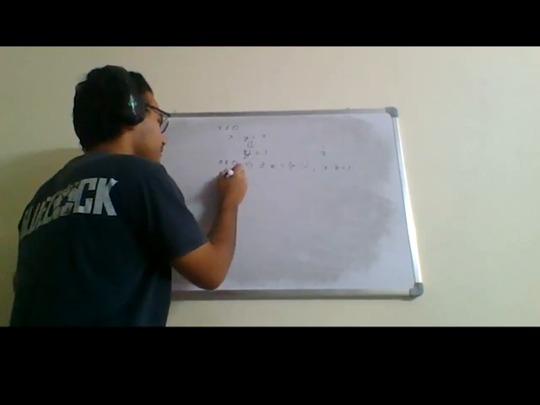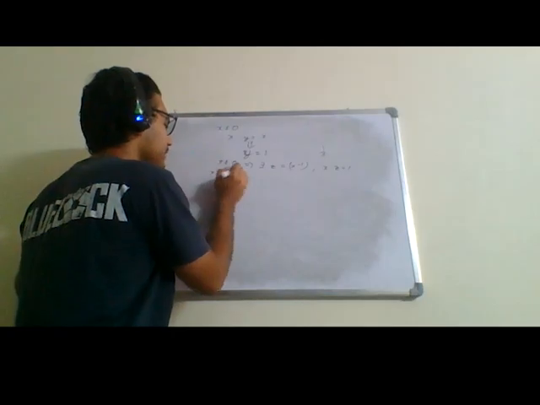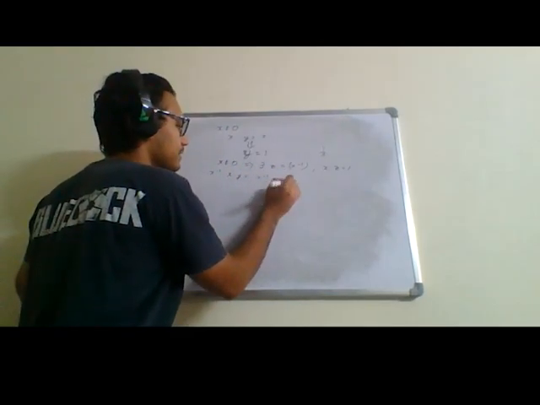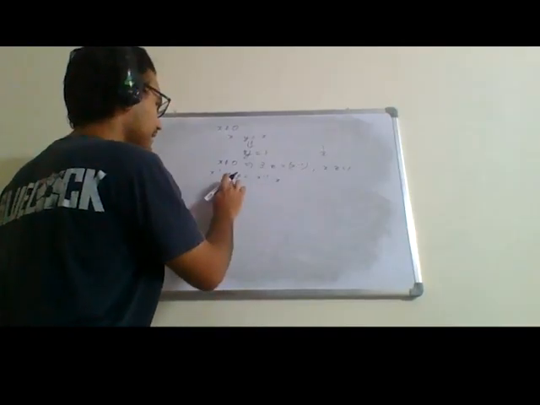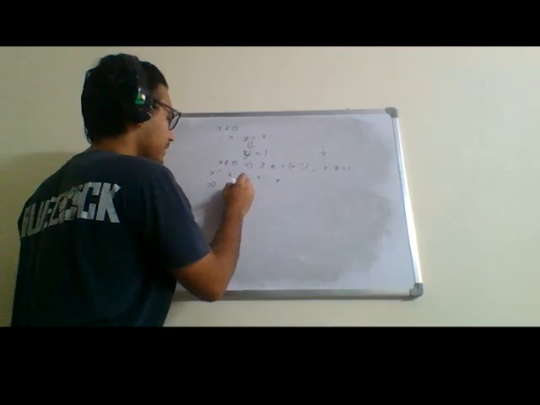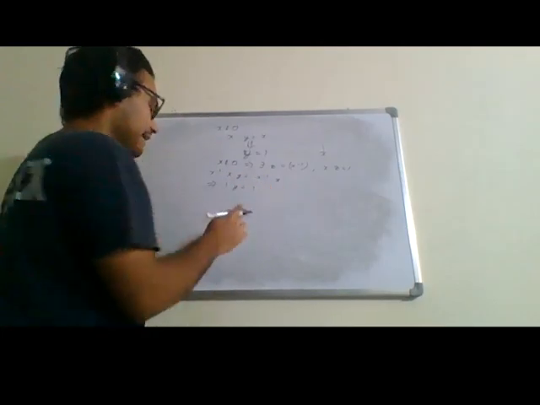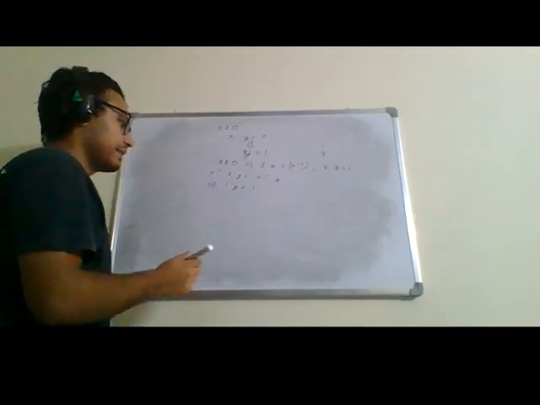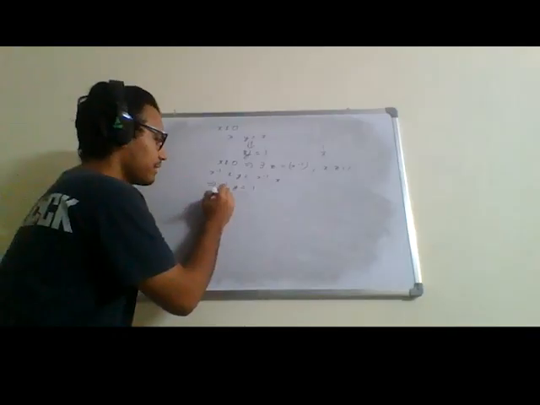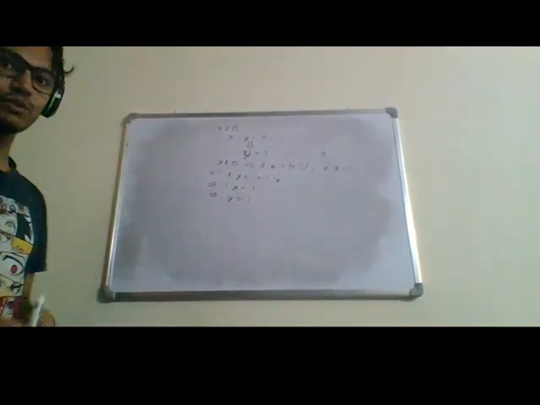So x inverse times x times y is equal to x inverse times x, and this by definition is equal to 1 times y is equal to 1. And in this case, y need not be equal to 0 or not equal to 0 for the next step to work. So y is equal to 1 by definition of identity. So we're done.